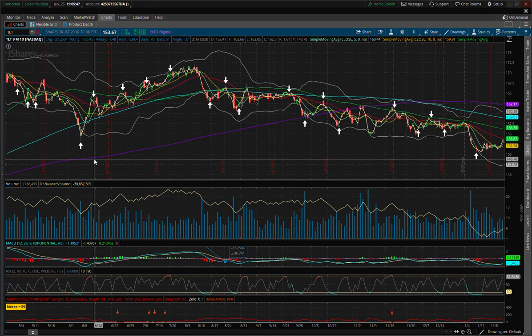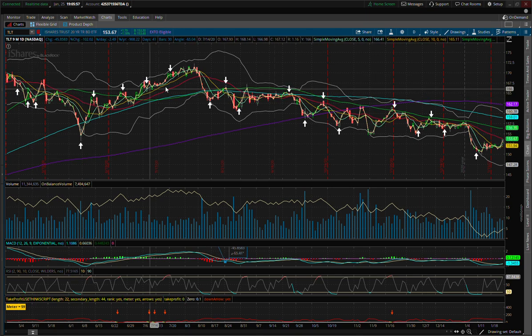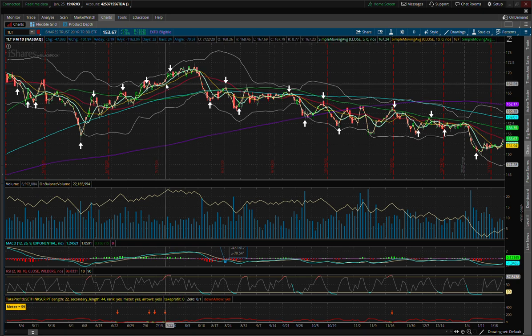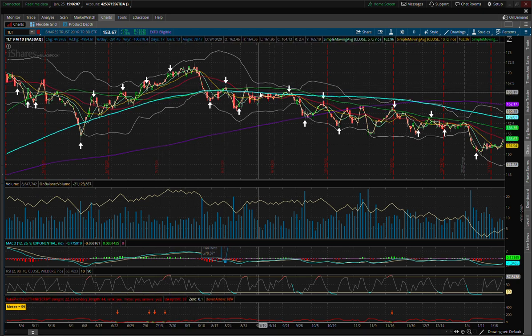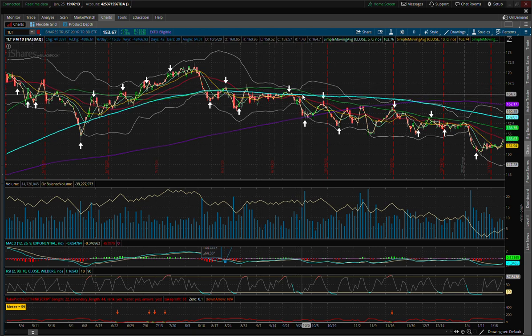Another way to think about the trend is when fast-moving averages start rolling over the slow-moving averages. You see the red line and the yellow line and this light blue line start crossing over the slower moving averages, which are the green and the dark blue and the purple.